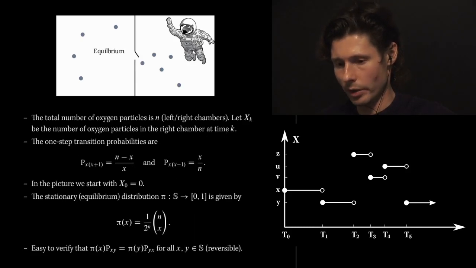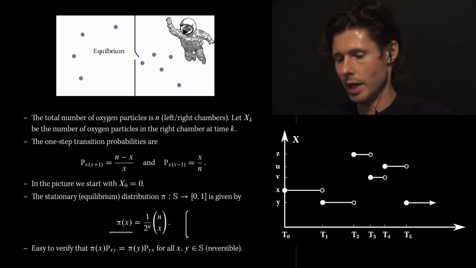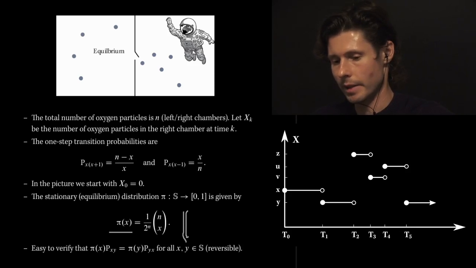We had all sorts of calculations. One of them had to do with the stationary distribution. This is what happens after a long time. The probability of having x particles of oxygen on the right was given by this counting formula, the number of ways to arrange x particles on the right and n minus x on the left.